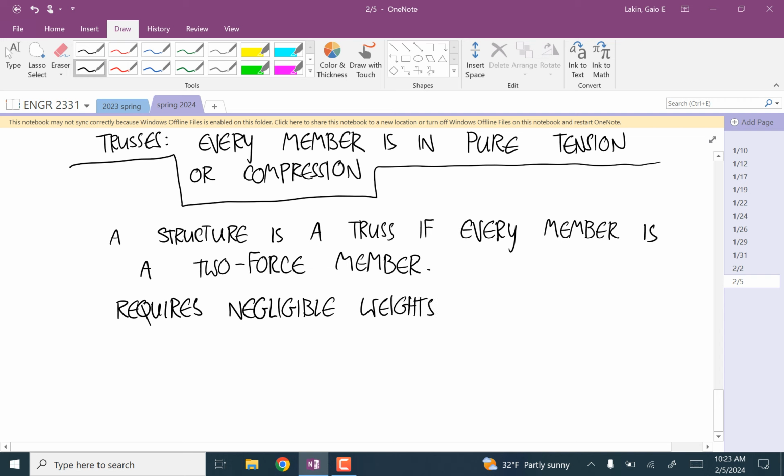And it requires that every joint is a pin joint in 2D or a ball and socket joint in 3D. So pin joints would be for a 2D problem. Ball and socket joints would be for a 3D problem.